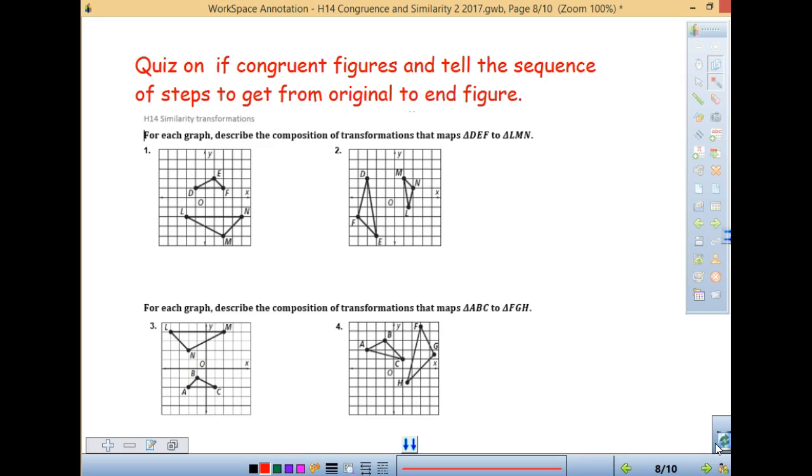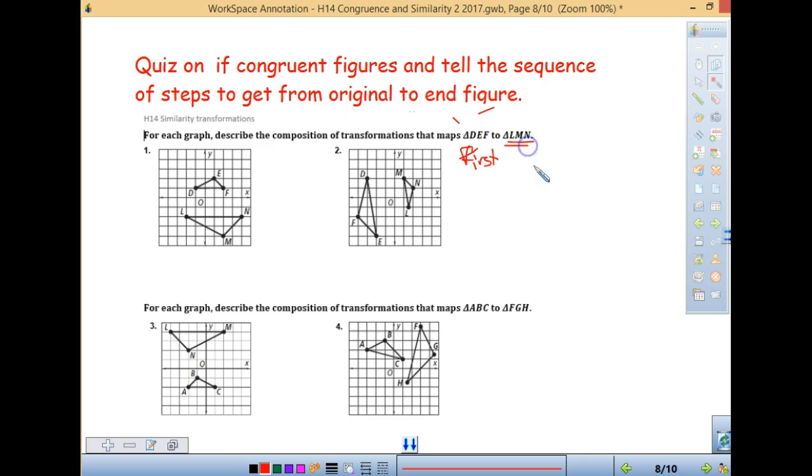So, your homework looks like this. As you are looking at this, it says, for each one, describe the composition of transformations. That means D, E, F is your first one, right?